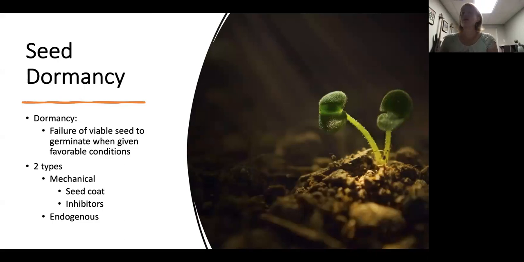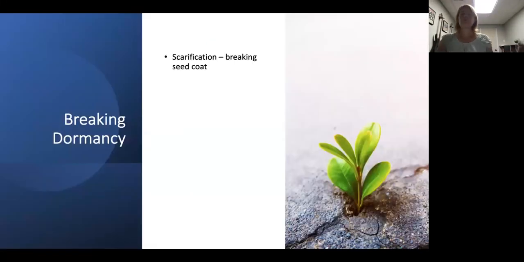And then we have something called endogenous dormancy. And this is something that is inherent to the embryo itself. So something about the embryo is preventing germination. So we're going to go through each of these, and then we'll talk about which category they fall under.